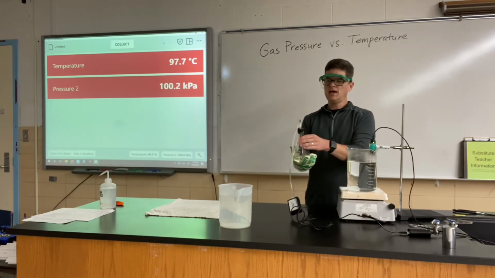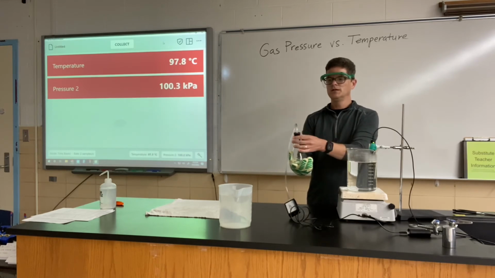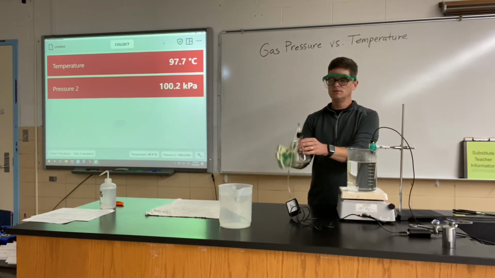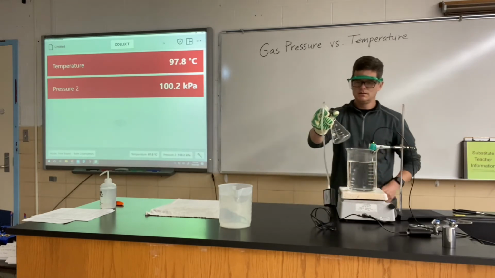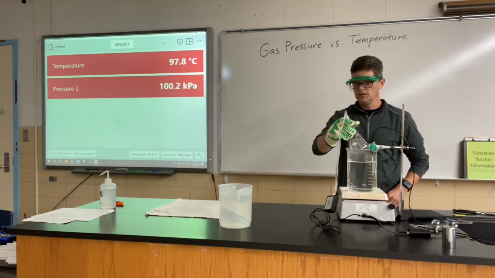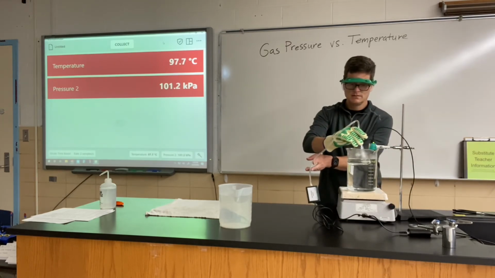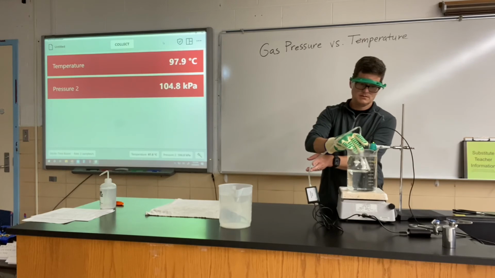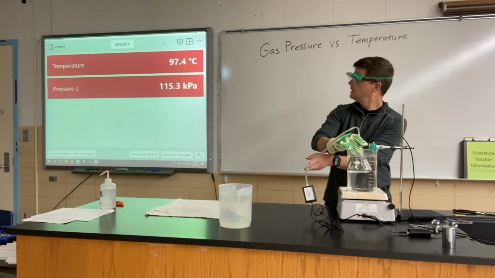The other thing that can happen in this investigation is if the pressure goes up too much, it can actually pop the stopper out. So I'm going to apply just a little bit of pressure there at the top. Carefully put this in the water bath. And we really see the pressure going up now. This data point is going to be important.